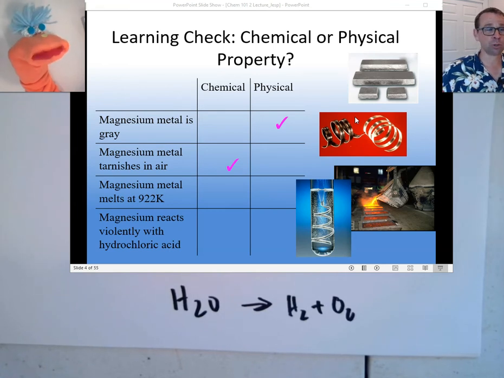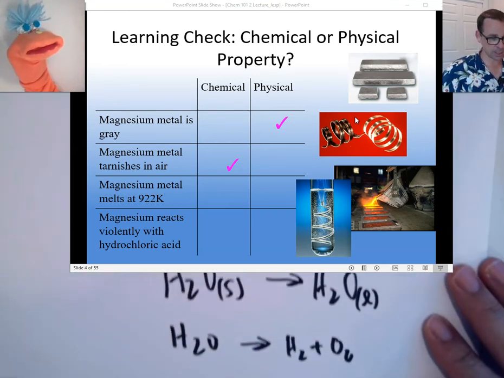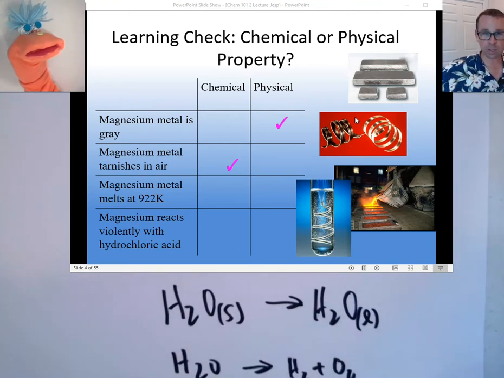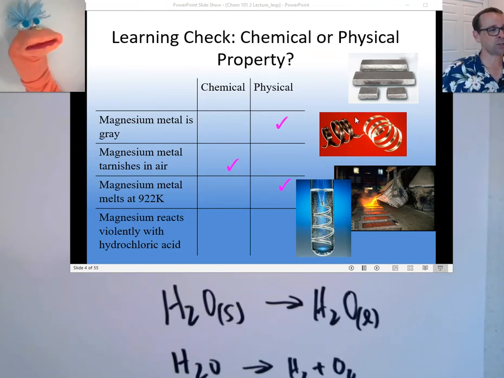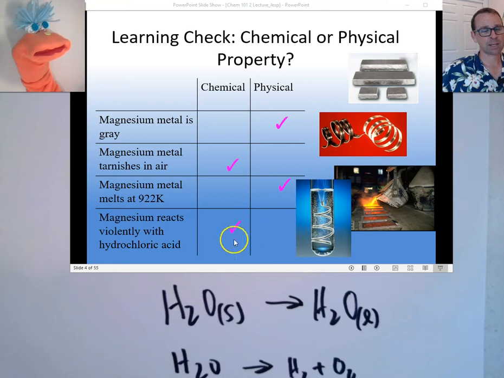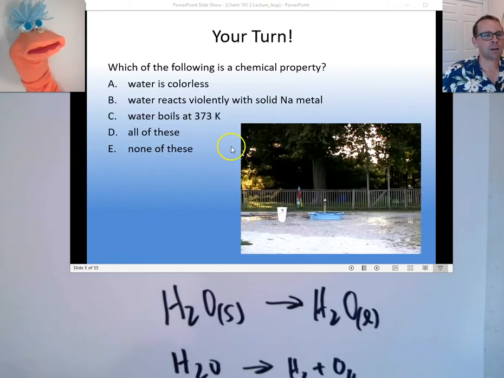Well, you said melting was physical. Very good. Exactly. Going from solid to liquid doesn't change its chemical properties. Okay. How about reacts violently with? Chemical. That's right. How did you know? Because it says reacts. Very good. So reacts violently with hydrochloric acid. Excellent. All right. How about this one?